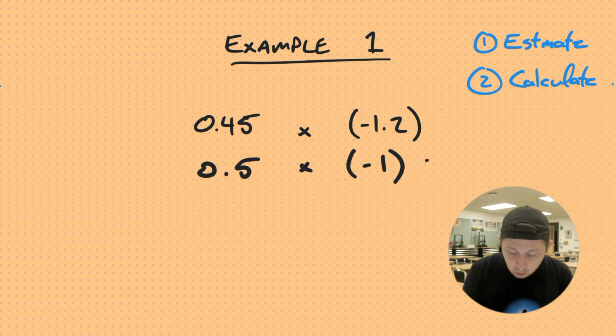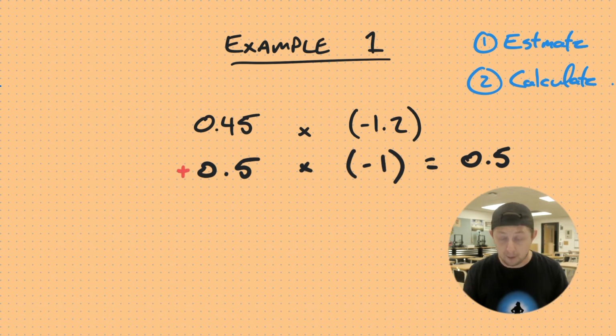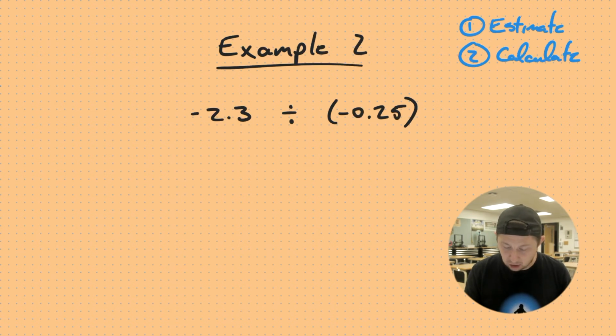So we're ready to make our estimate here: 0.5 times 1 is 0.5. Nothing changes there. Now, we have a positive times a negative. So when we've got two opposites, we are going to end up with a negative 0.5. That's my estimate. Now, we can move on to solving it.